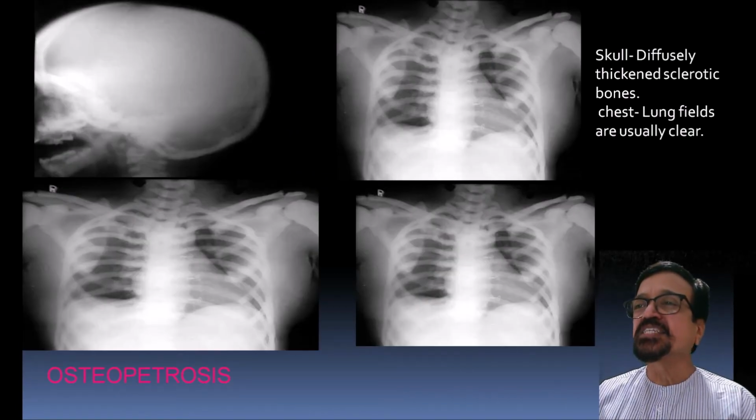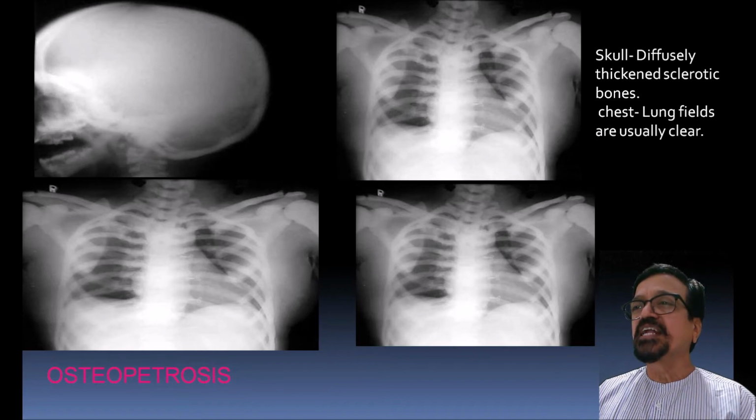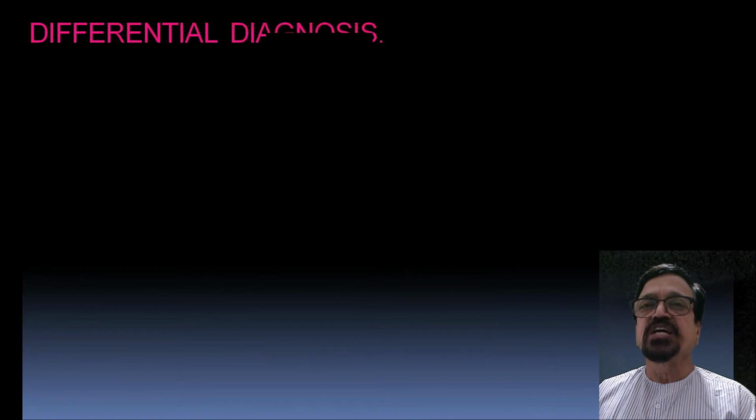Now this is another case which shows skull diffusely thickened, sclerotic bones, chest and lung fields usually clear, but the ribs show the abnormality. Now again we are continuing osteopetrosis: diffusely thickened sclerotic bones, loss of corticomedullary differentiation, bone within bone appearance, and metaphyseal translucent bands are a few features.